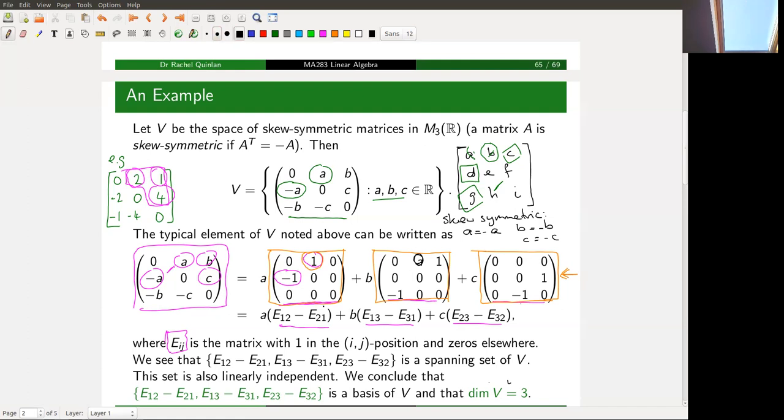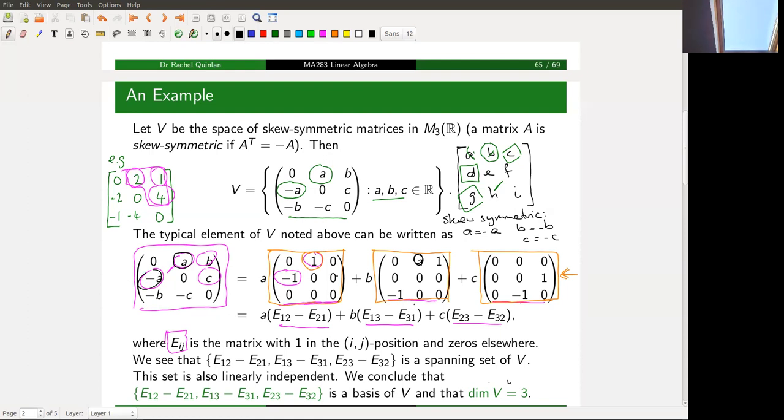So the entry in the 1,2 position of this linear combination of 3 matrices is just A. So if that linear combination is equal to the 0 matrix, the coefficient A has to be 0 because it appears here in the 1,2 and 2,1 positions.